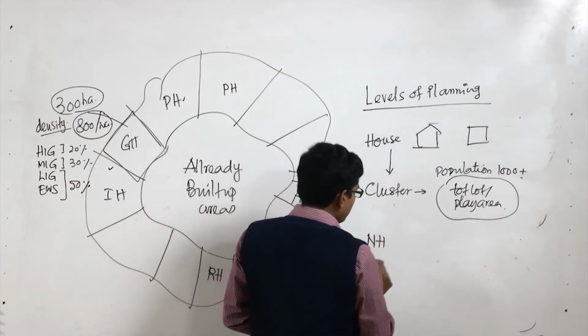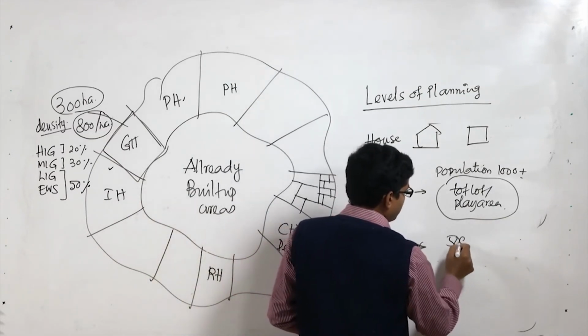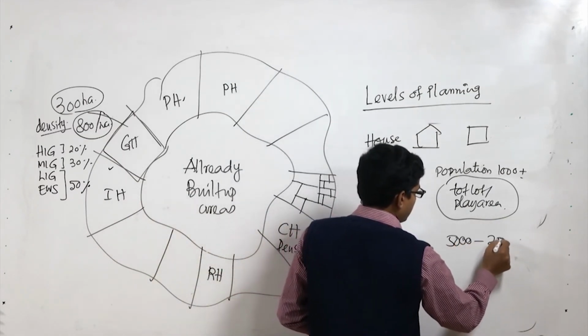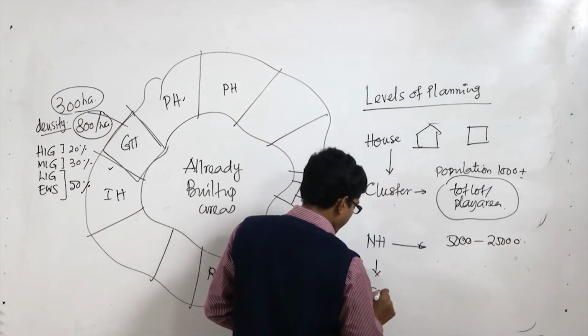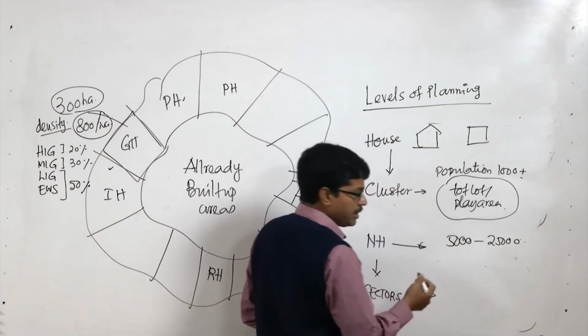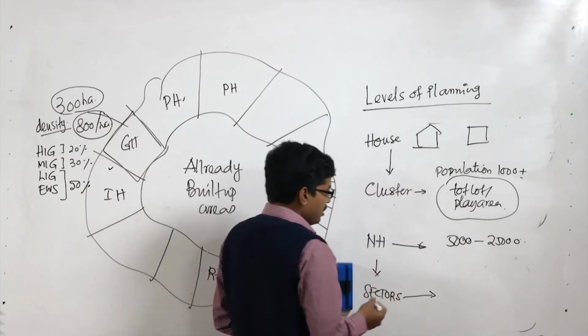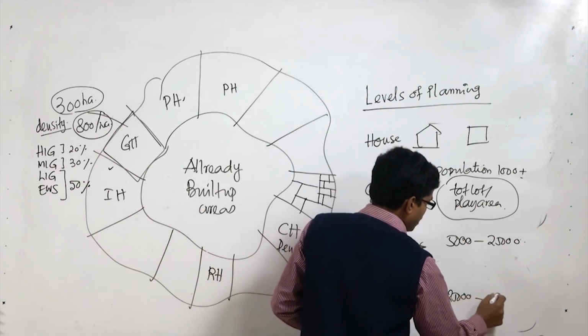For the neighborhood we can have a population of anything between 5000 to 25,000, and then we have the sectors, which are bigger than the neighborhood. They can have a population of 25,000 to 50,000.